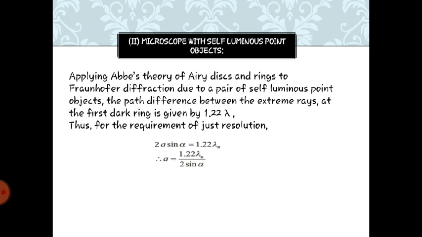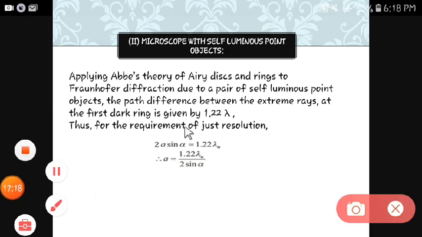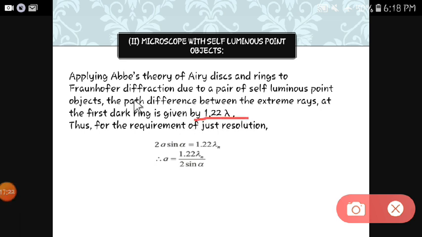For that purpose, the path difference between extreme rays at the dark ring is given directly, you don't need to prove anything. The path difference, when self-luminous points are considered, is 1.22 lambda.